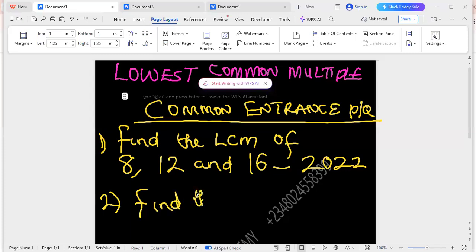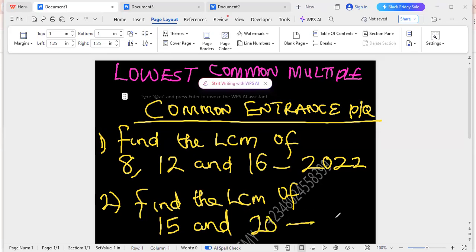Find the LCM of 15 and 20. So this is year 2017. A 2017 past question. Okay, so let's start now. Everybody should start straight away. Let's start.